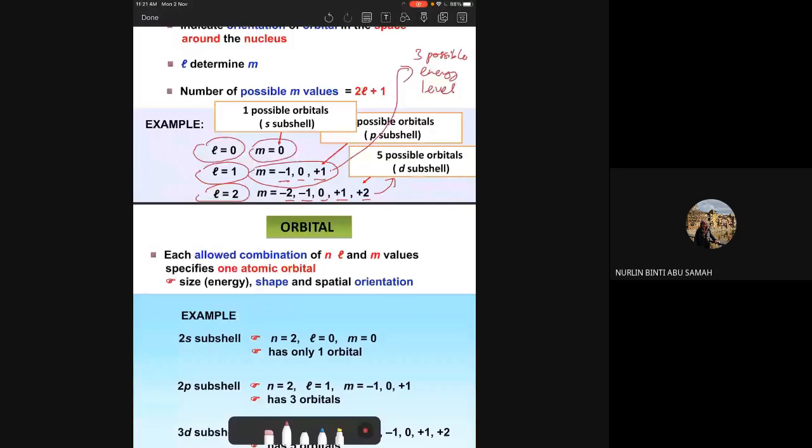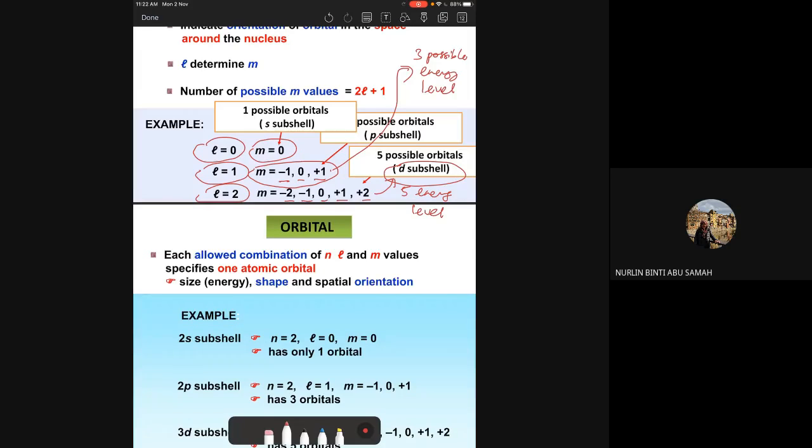Each possible orbital consists of only 2 electrons. It means here there are 5, so the d subshell has 5 energy levels. That is what it means. Later, when you write the electron configuration, you can understand why p must consist of 6 electrons and why the d orbital must consist of 10 electrons.